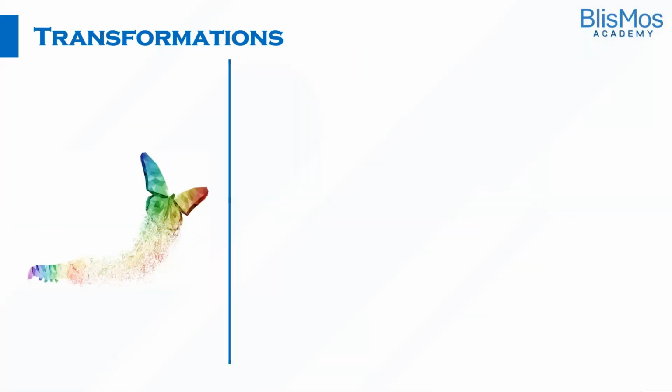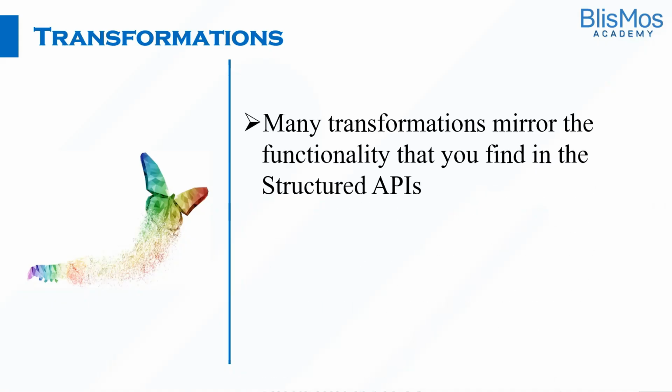So how do you go about transforming the RDDs? Any thoughts here? We can transform an RDD almost like transforming the structured APIs, like data frames. What are the transformations you would have seen in structured APIs? More or less the same kind of transformations are available in the RDDs also.